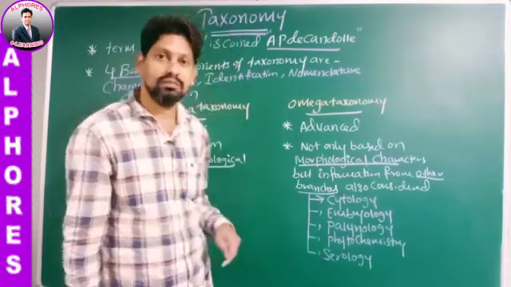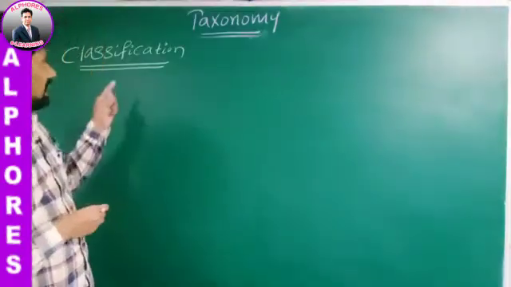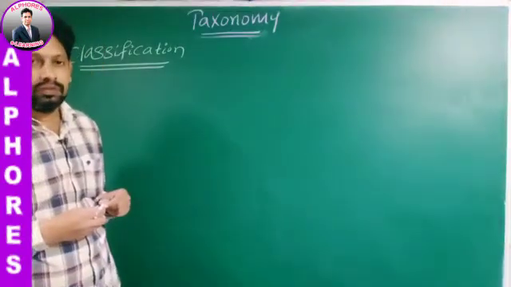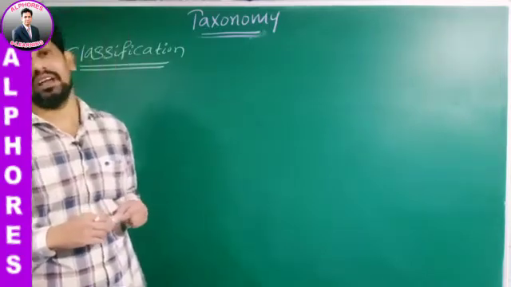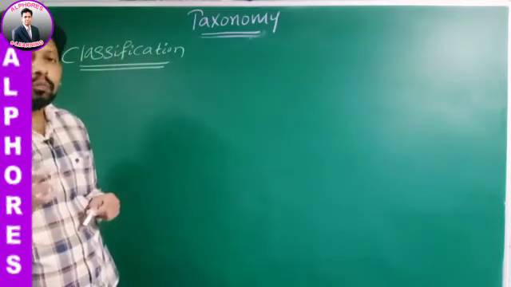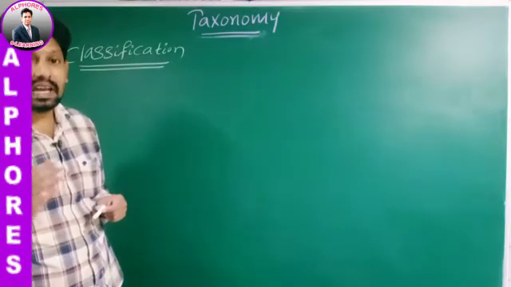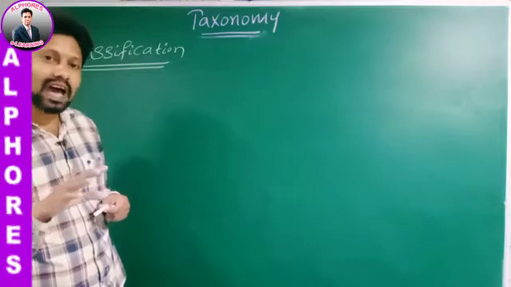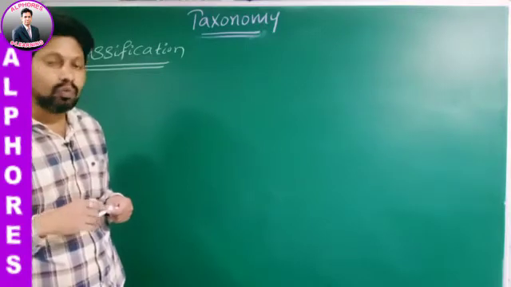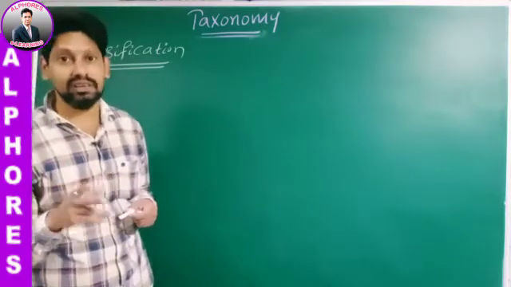Go for classification. Grouping of plants based on similarities and dissimilarities. It means while classifying the plants, we consider what similarities are present in the plants and what dissimilarities are present between the plants.